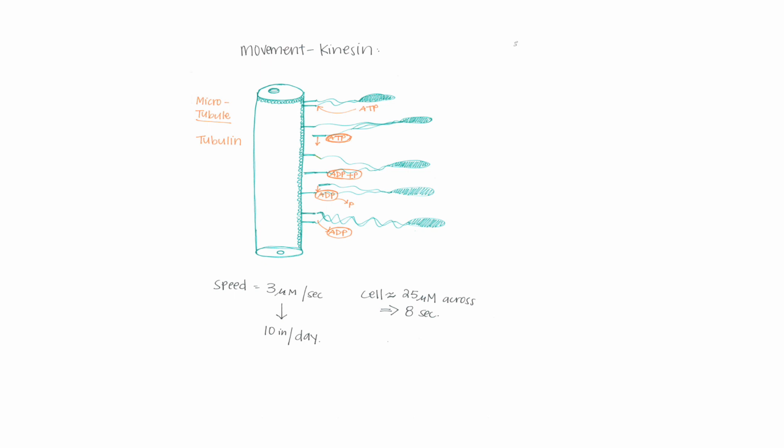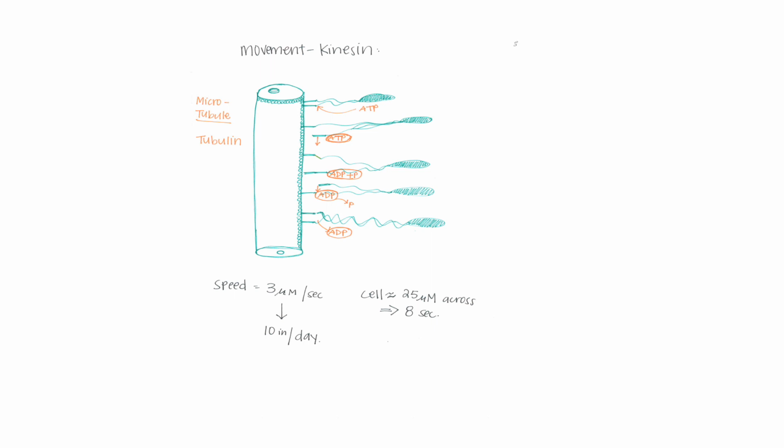You can measure how these things move by labeling, let's say, the kinesin or the mitochondria with a fluorescent dye. And then looking under the microscope, you can watch it move down a microtubule and you can measure the rate. And it's measured the speed of about 3 micrometers per second.